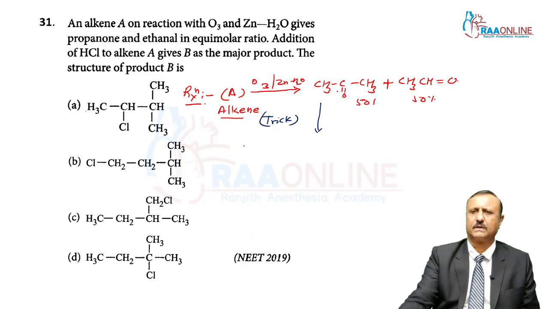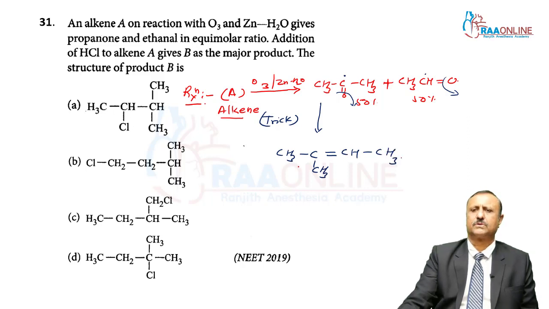Here my dear students, you replace the oxygen atoms and join the two carbon atoms with a double bond. Then you get (CH3)2C=CHCH3.